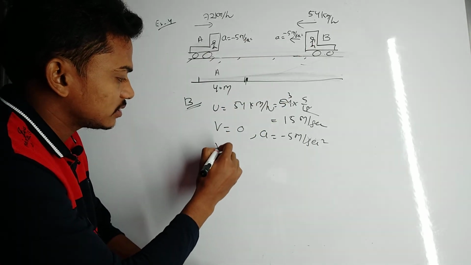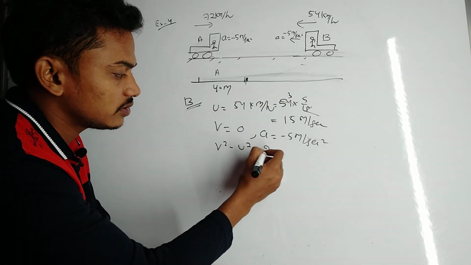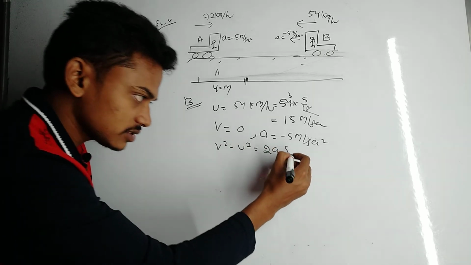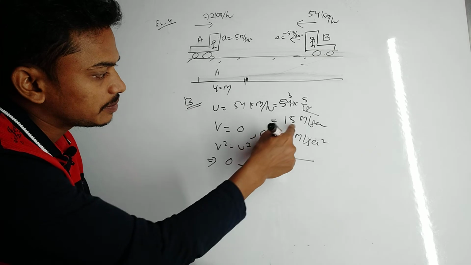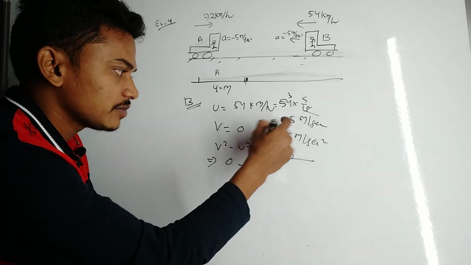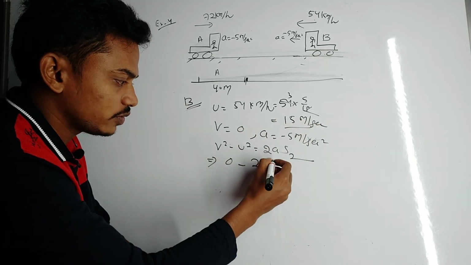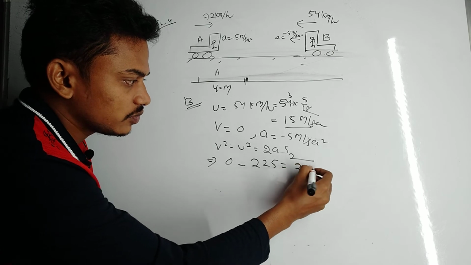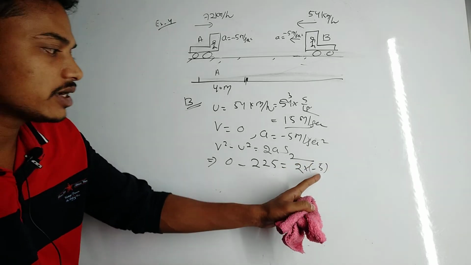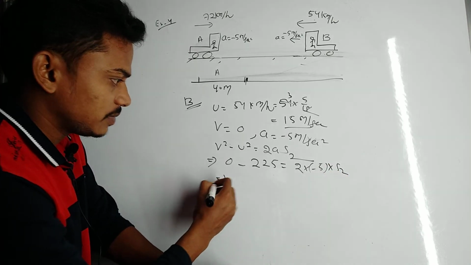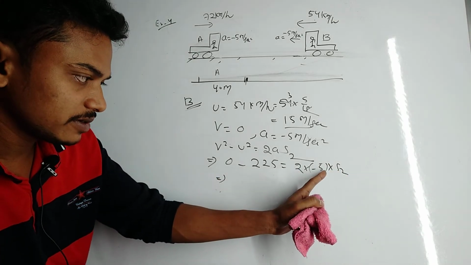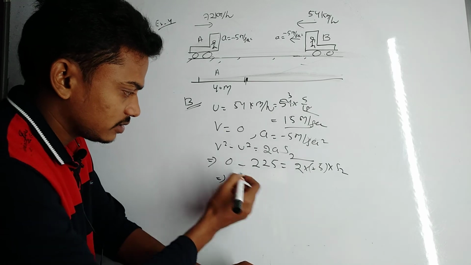So use the relation v square minus u square equals 2as. Suppose this distance is s2. That implies v is 0, u is 15. 15 square is 225, equal to 2 into acceleration, minus 5, into s2. This implies 2 into 5, 10.